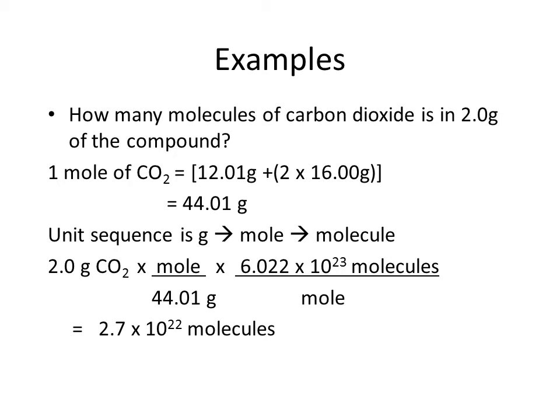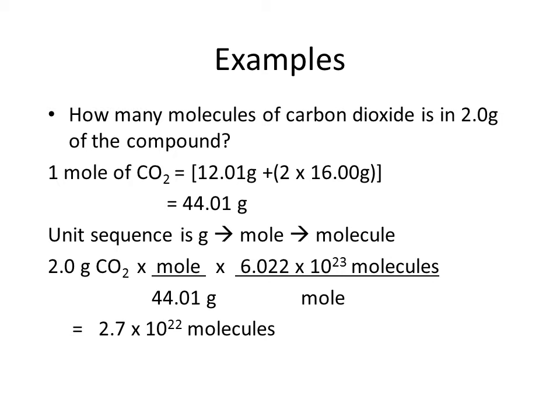I use this information to construct a fraction with 1 mole on one side of the fraction and 44.01 grams on the other side. So now I can take 2 grams as my starting point because that's my given in the problem. And I'm going to go from gram to mole, and then from mole to number of molecules.